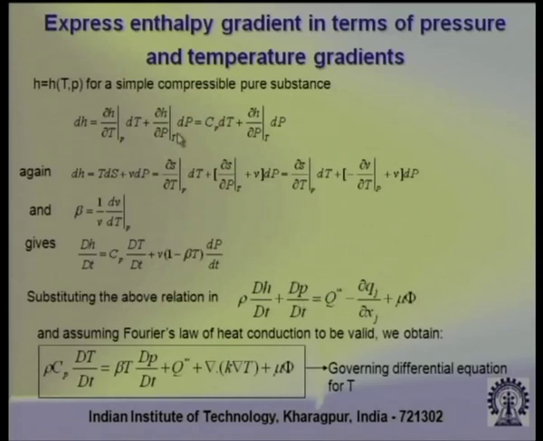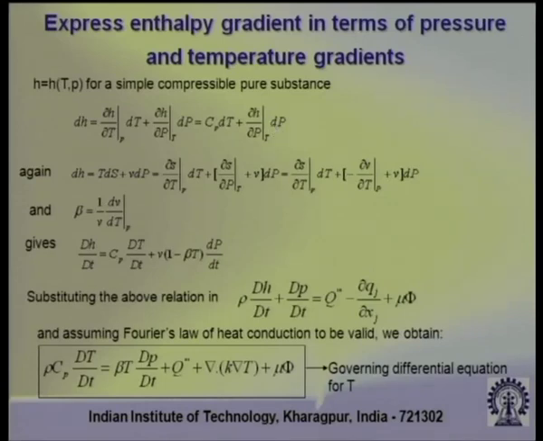So, we can write the specific enthalpy as a function of temperature and pressure. So, we can write using the rule of partial derivative that dH is del H del T into dT plus del H del P into dP. So, by definition del H del T at constant pressure is equal to Cp. So, this is Cp dT plus del H del P at constant temperature dP.